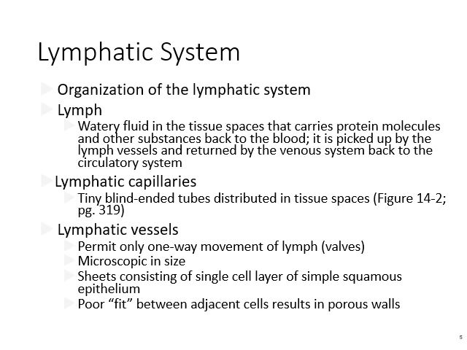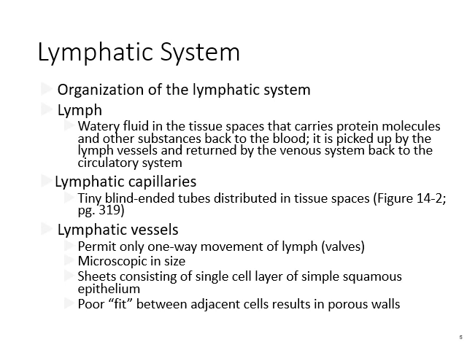The lymphatic capillaries. The lymphatic capillaries are tiny blind-ended tubes distributed in tissue spaces. Lymph flows through the lymphatic capillaries, moving into larger vessels called lymph venules. Both the lymph capillaries and blood capillaries are a layer of epithelial cells.